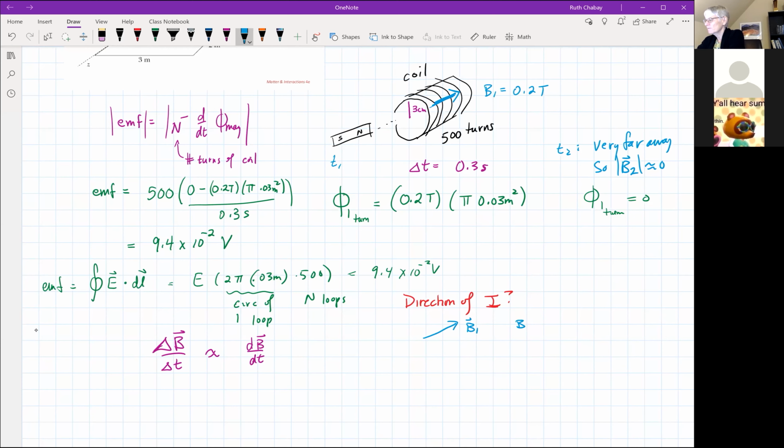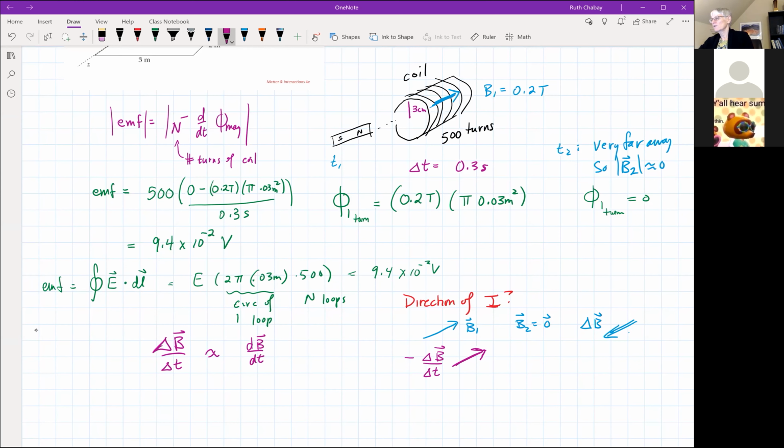We have B2 is 0. So delta B would be 0 minus B1. So delta B would be whatever we had to add to B1 to get B2. So delta B would be that direction. So a minus delta B over delta T is going to be in that direction.